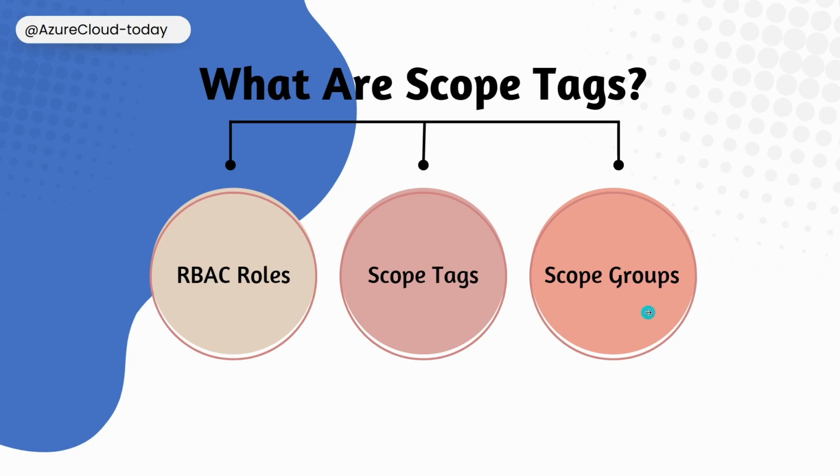Third is scope groups, and these define which users and devices the admin can take actions on. So you can think that roles equal actions, scope tags equal visibility, and scope groups equal target devices and users. When all three of them are used together, they form a complete delegation model.